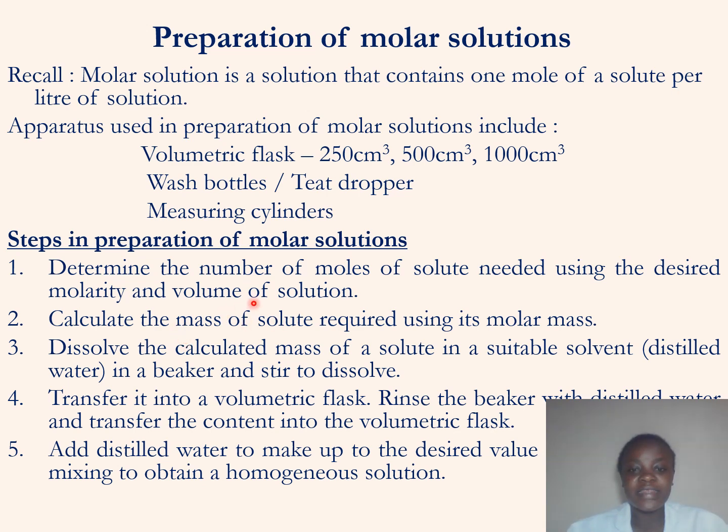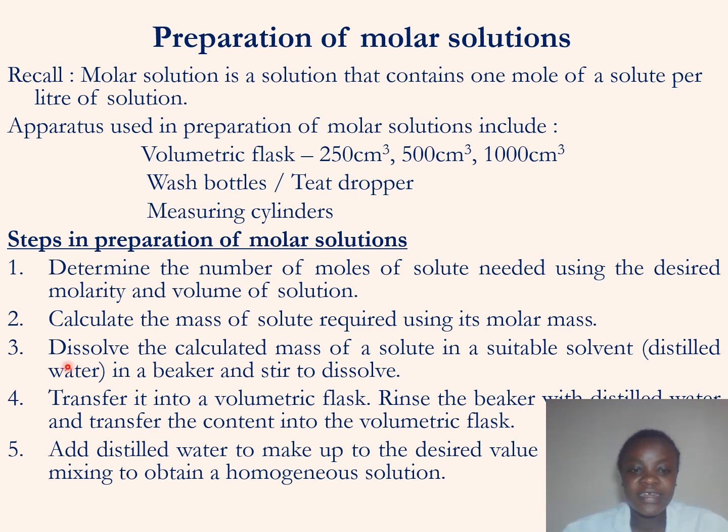For example, if we are using sodium hydroxide, we get its molar mass, and using the formula number of moles equals mass over molar mass, we can find the mass of the solute required by just using moles times the molar mass.